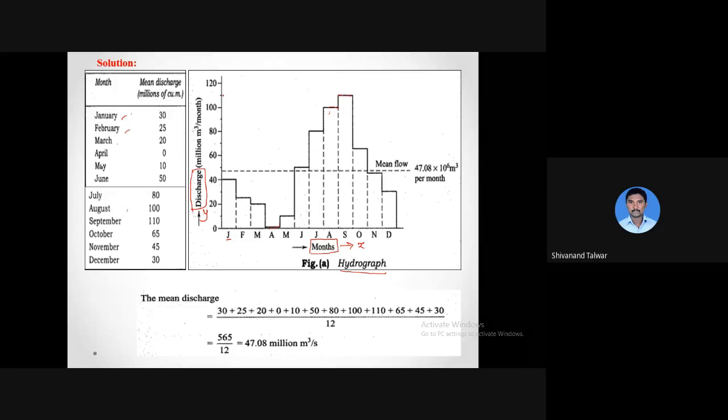So you can see this is 110, and this is 100. In this way we have to plot the graph.